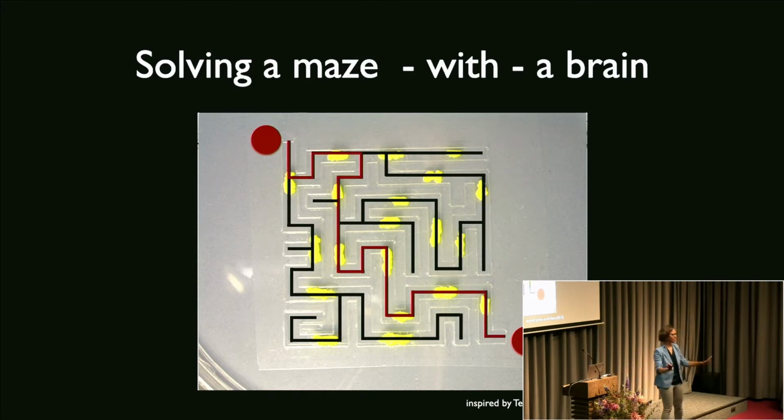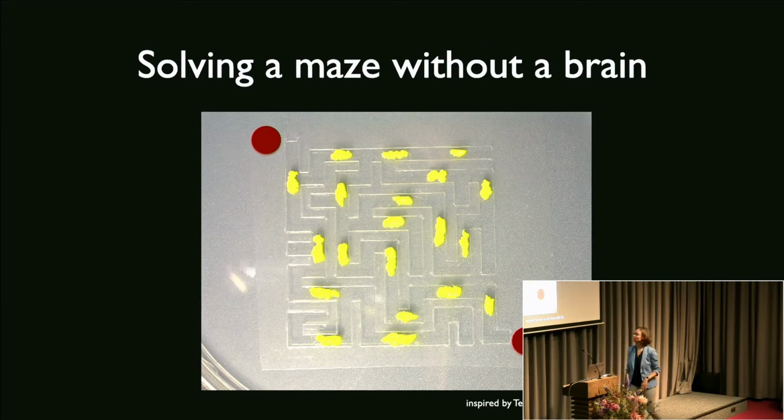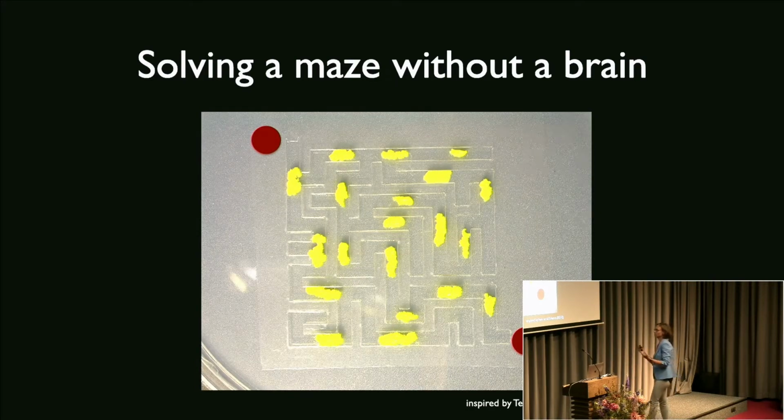Okay, well done, great. You're a multicellular system, but would you bet that a single cell can do the same task? And this is what we're going to witness now. What you see here, these yellow dots, this is Physarum.